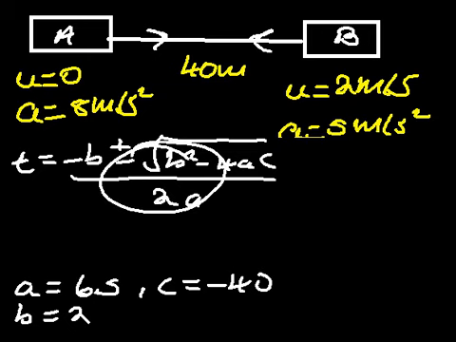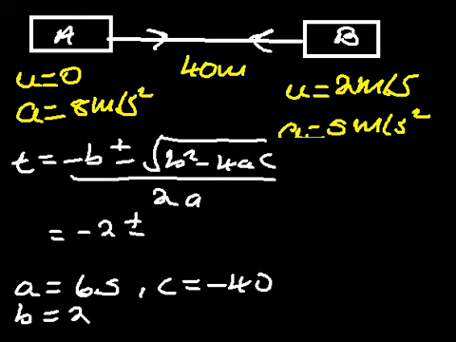So understand, you know how to make use of the quadratic formula there. Then I should substitute the given parameters. We'll have negative 2 plus or minus the square root of, now what is B? We have it as 2, which means we have 4 plus 4 times C. What is C? We have it as, what is A? We have it as 6.5.